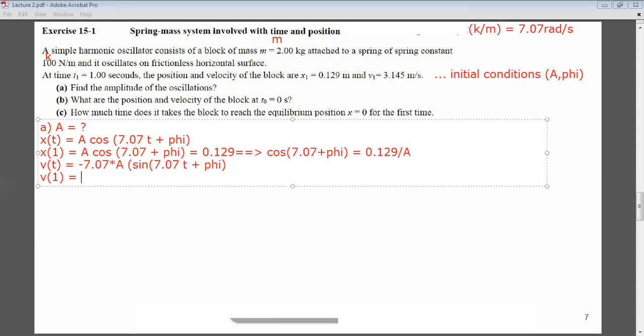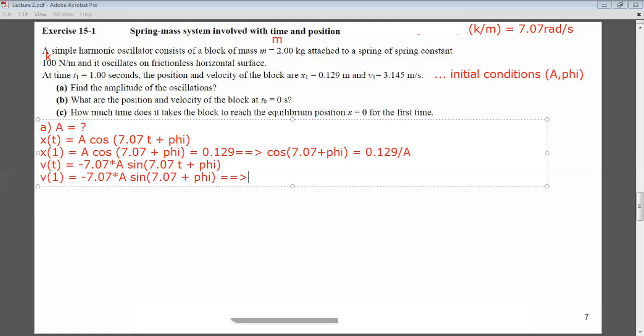This is equal minus 7.07 times A sine 7.07 times, instead of t is 1, so 7.07 plus phi.